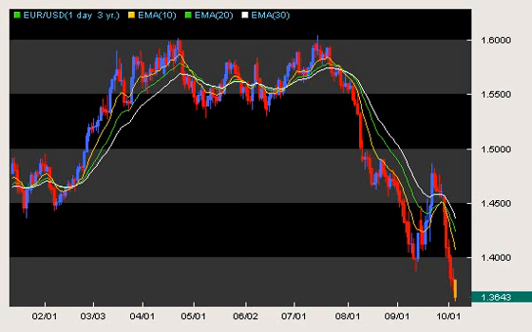So if you get a 200 pip move in 30 minutes and you look at the 4-hour chart, that last 4-hour bar is going to have a much greater impact than the previous candles, especially if you've been in a tight range. So it just tends to hug and go with the market more in the moment.